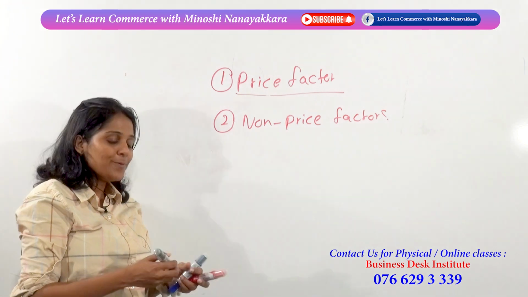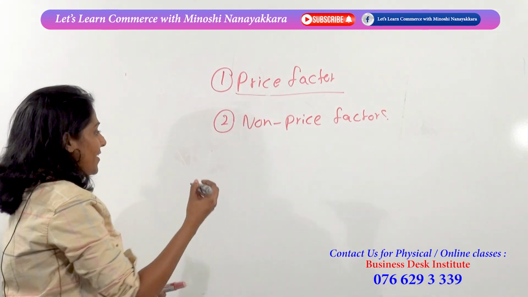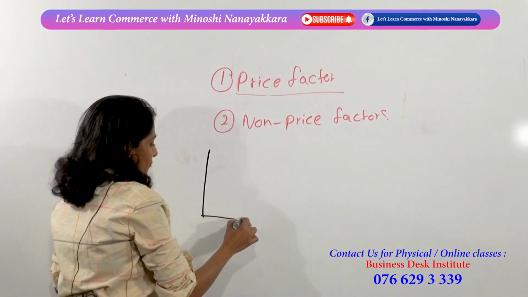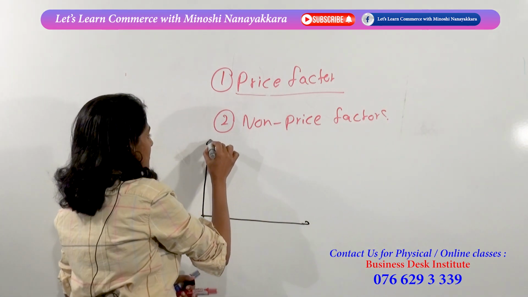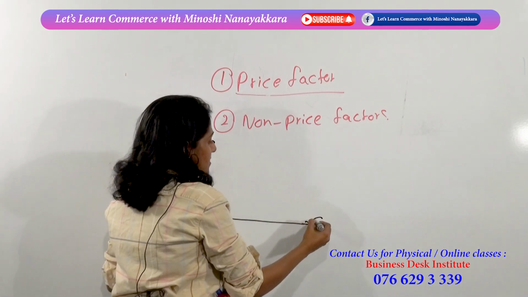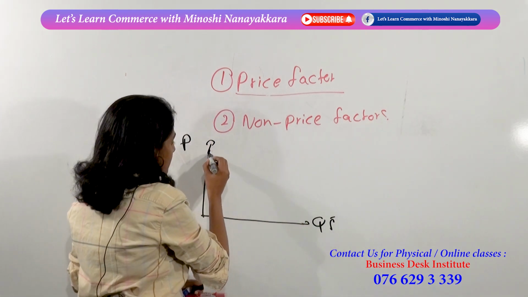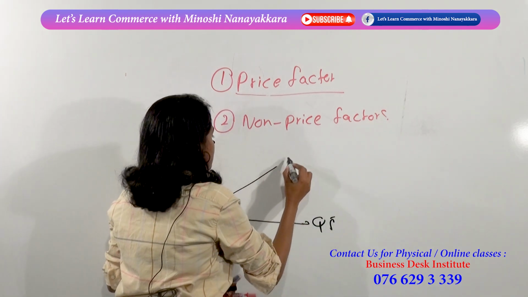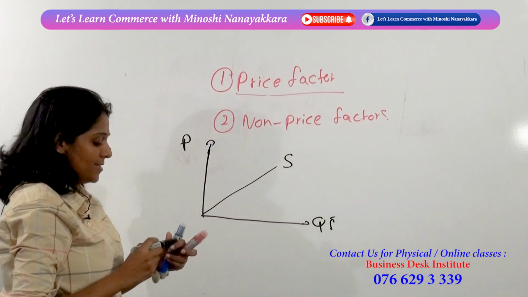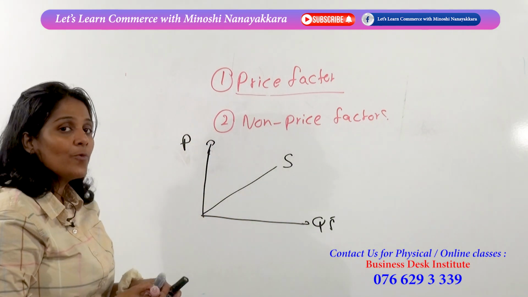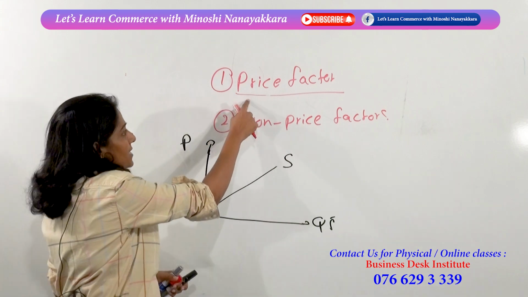Right, now you already know what is this movement along the curve, right? That means if we draw it like this, this is price and this is quantity supply and this way this is our supply curve, right?